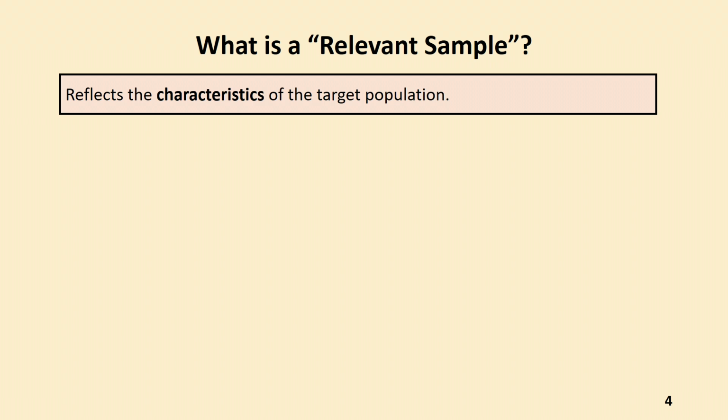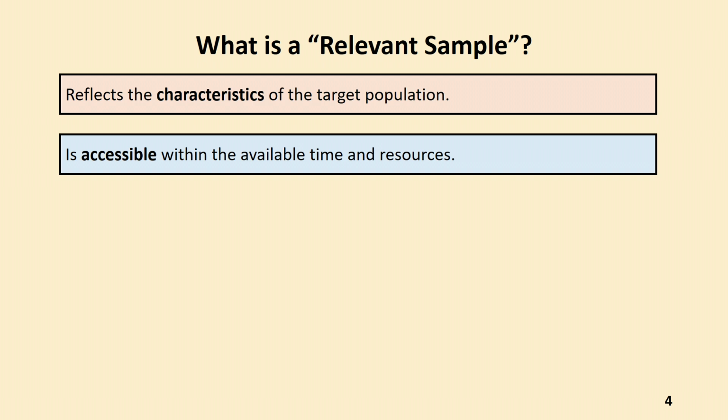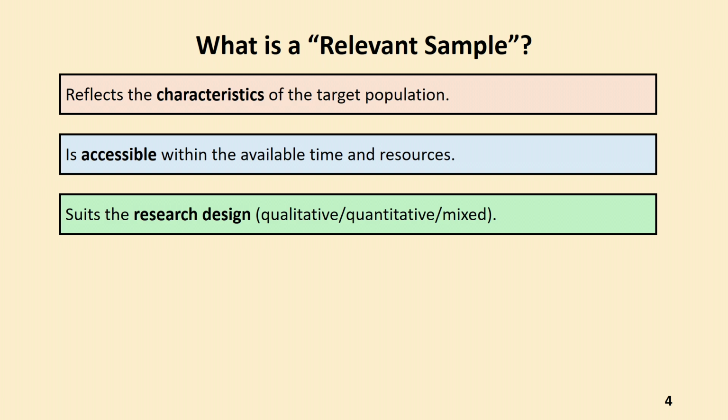Relevance basically reflects the characteristics of the target population. It is accessible within the available time and resource. It suits the research design, whether the research is qualitative, quantitative, or mixed type of research.